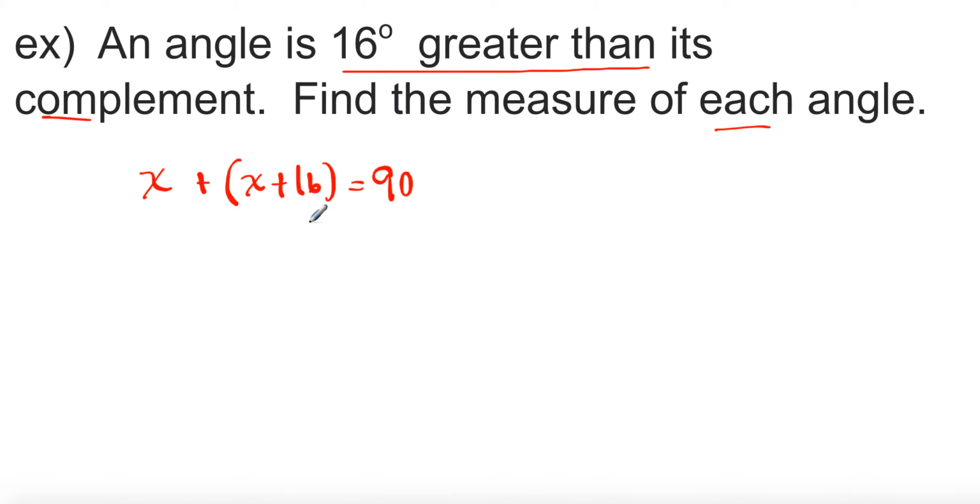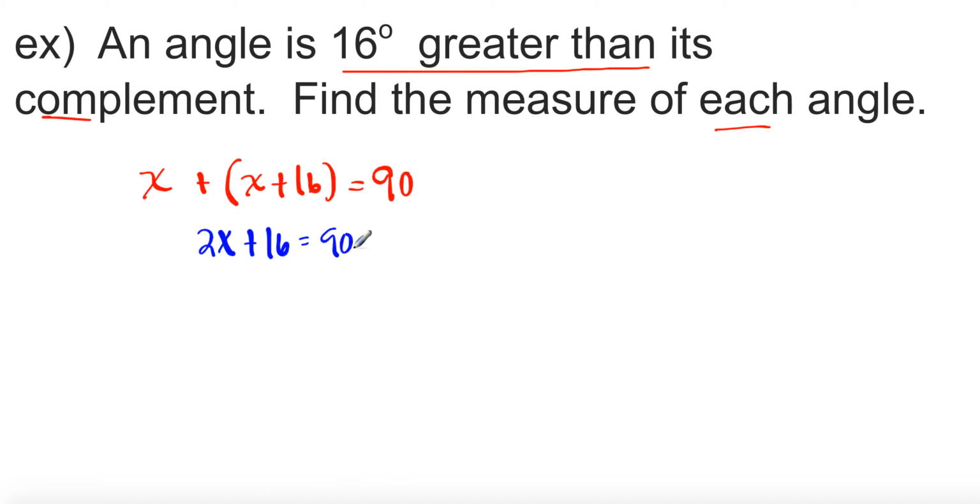So let me just recap how I created this equation here. We don't know what either angle measures, so we're letting one angle measure x. And then it says that the other angle is 16 degrees greater than, so that means bigger. So that's where we got x plus 16. And we'll just solve this equation here. X plus x gives me 2x plus 16 equals 90.